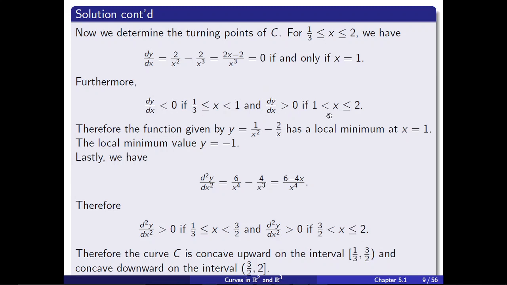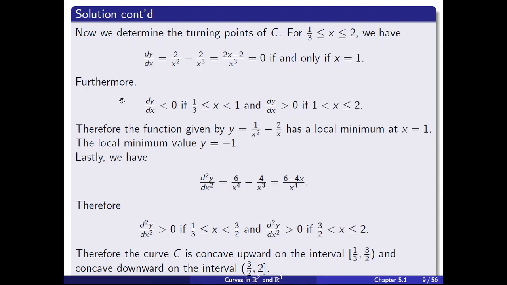And then we can check which of the intervals is positive and negative, right? So we see that from minus a third to 1 is where the gradient is negative, and where the gradient is positive is between 1 and 2.